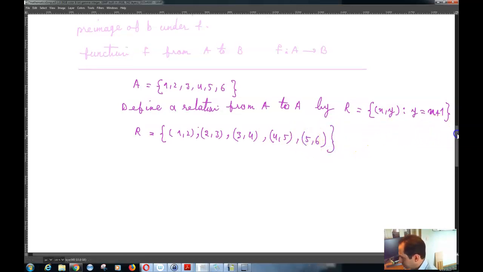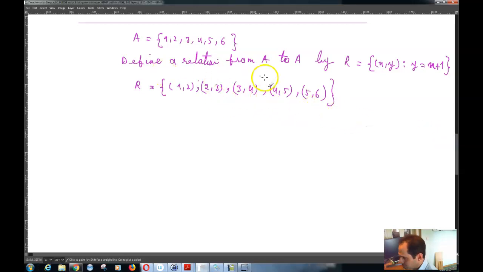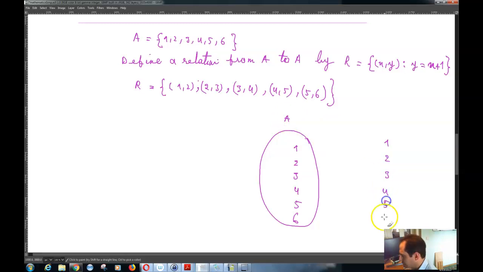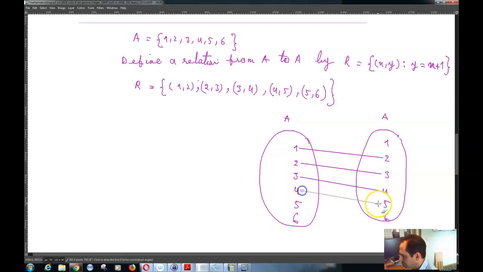If I use the arrow diagram to show this relation, I would get 1, 2, 3, 4, 5, and 6 in A, going to A again, 1, 2, 3, 4, 5, and 6, with 1 to 2, 2 to 3, 3 to 4, 4 to 5, and 5 to 6.